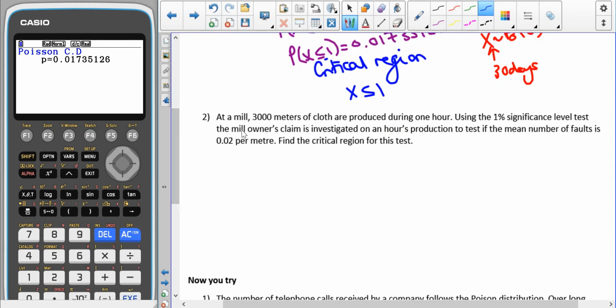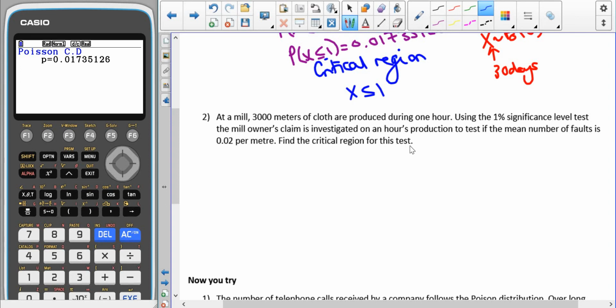We'll have a look at a two-tailed example. So here we have, at a mill, 3,000 metres of cloth are produced per hour. Using a 1% significance level test, the mill owner's claim is investigated on an hour's production to test if the mean number of faults is 0.02 per metre.